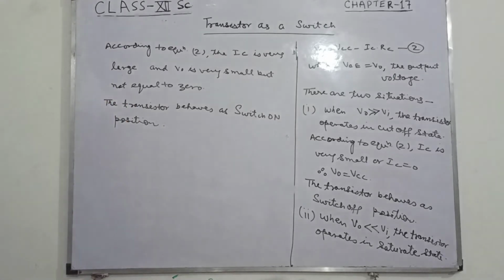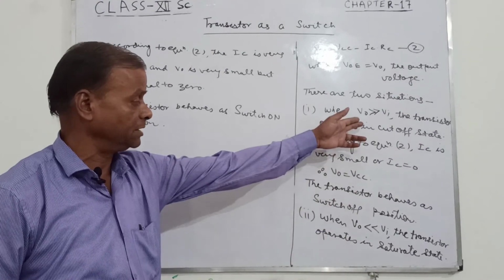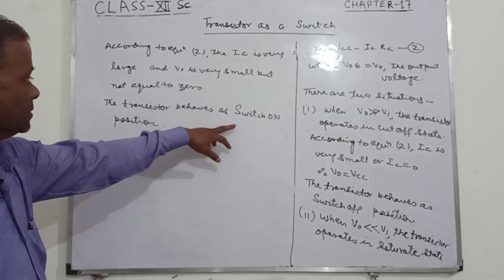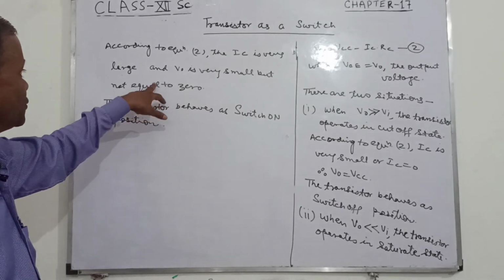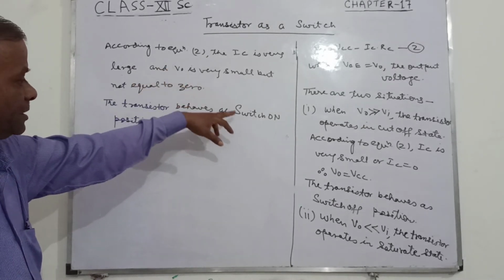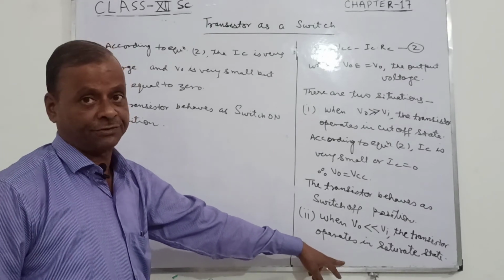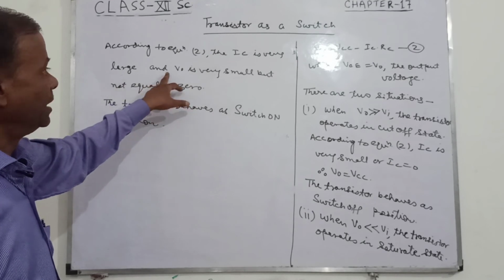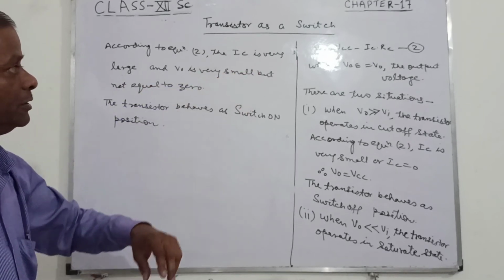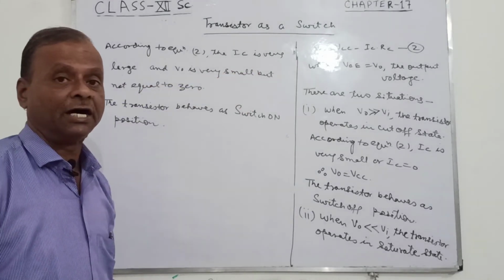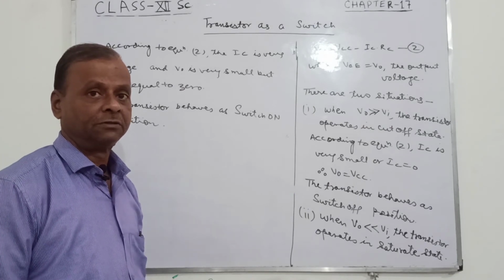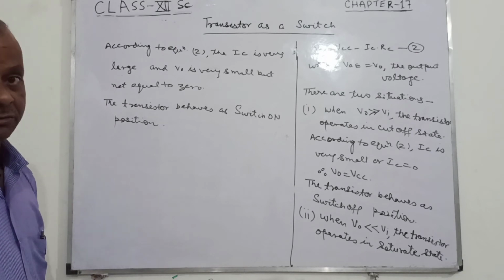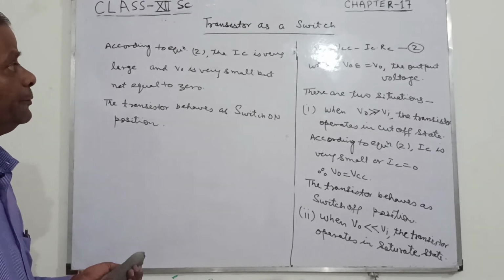So for the transistor to work as a switch off, it must act in the cutoff state, and for the position when it is a switch on, it must be operated in the saturated state. So IC is very large, then V naught will be very small. IC is very large means the IB, the input current, is very large, while V naught will be very small.